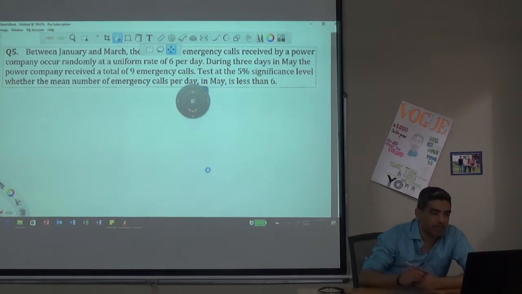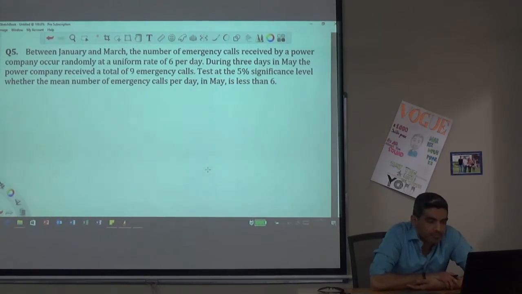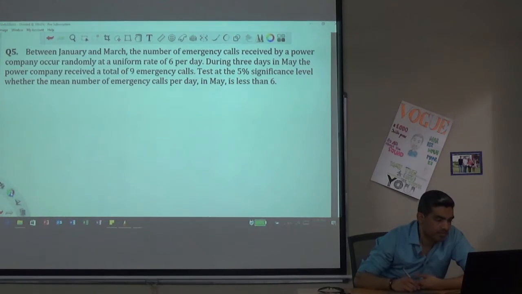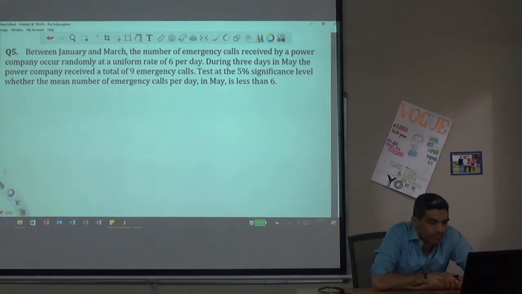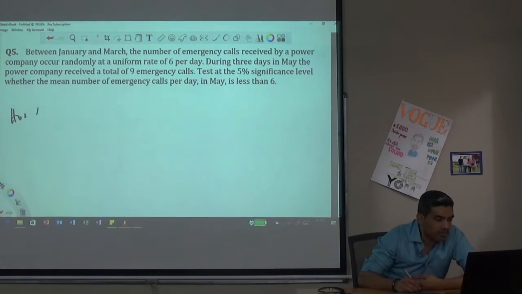What's the lambda value here? Lambda is 6. So H0, lambda is 6.